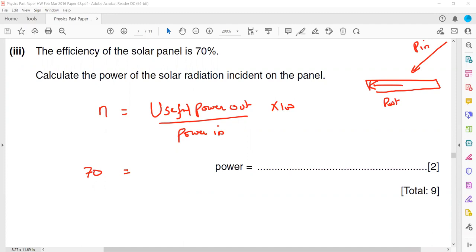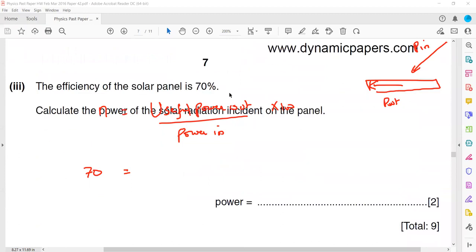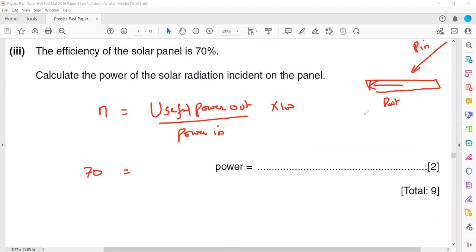So how to get the power output? We already have the energy. In the last part we calculated the energy, which was 4100 joules. And how much time did it take to absorb this energy? Power is equal to energy divided by time. So 4100 divided by the time, 5 seconds, will give us the power output. 4100 divided by 5 is 820.